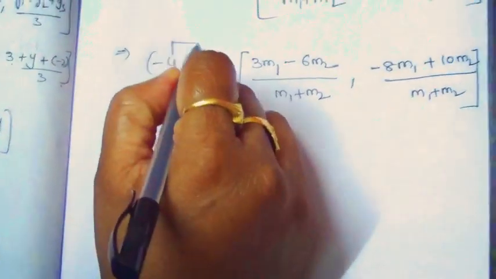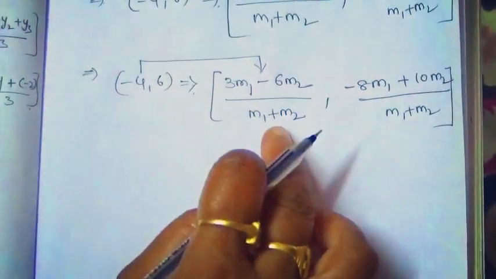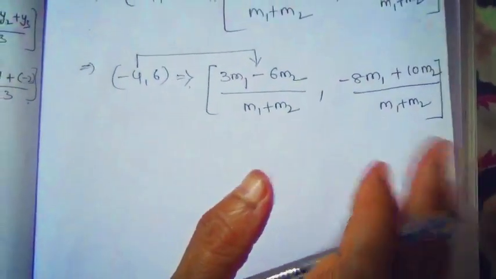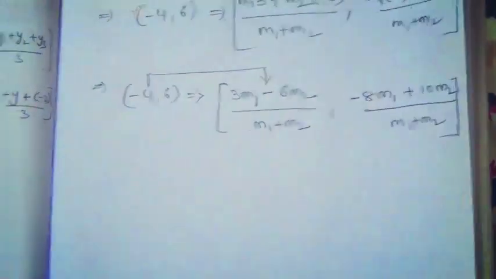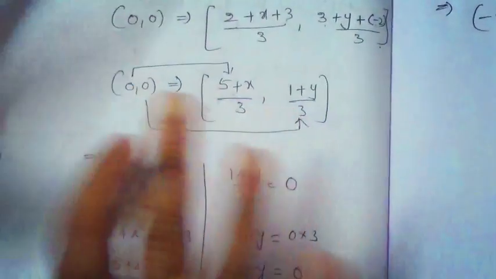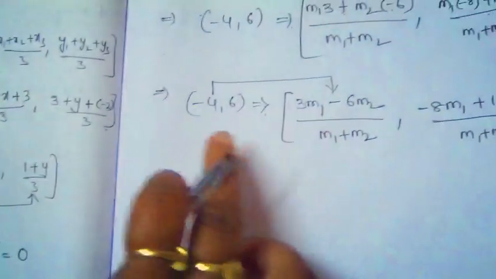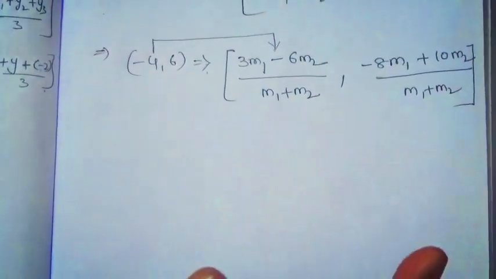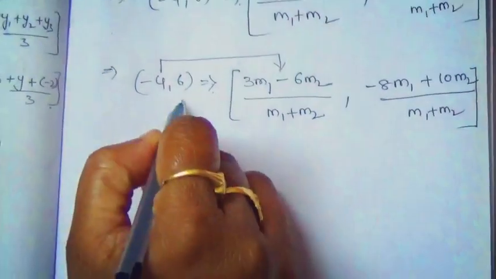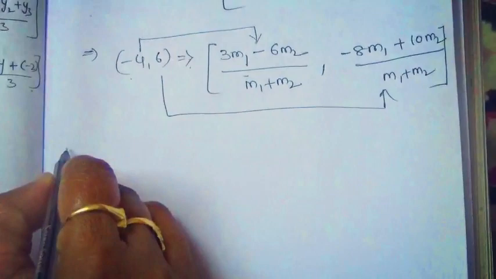So let us take any one of these, the x coordinates or the y coordinates, enough. No need of taking both, equating x coordinates or equating y coordinates, any one. If you want to check, you can take both. So the x coordinates I am equating.